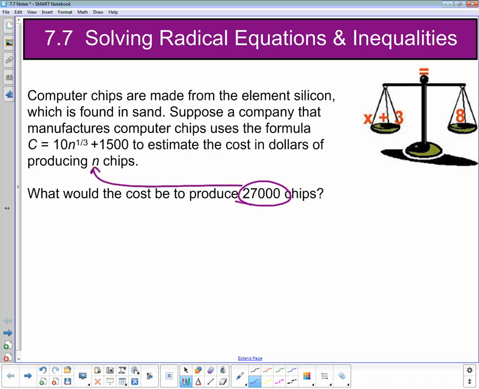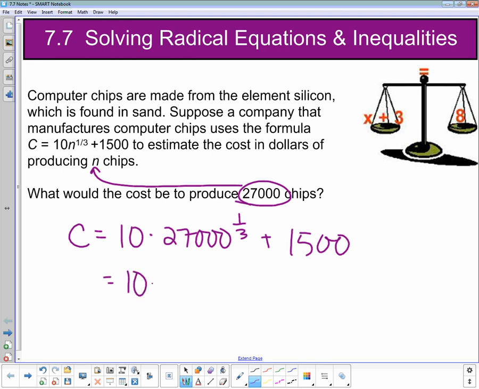So I'm going to take that and plug it into my formula. I have 10 times 27,000 to the 1/3 power plus 1500. And I really just want to use my properties of simplifying there. I can take 27,000 to the 1/3 power, or in other words, the cube root of 27,000.